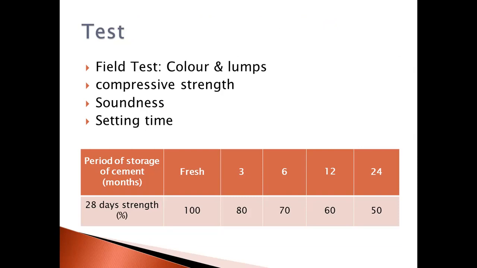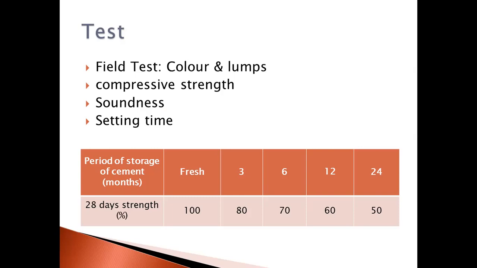And one of the important things we should check in cement is, see, when we buy a food product, what will be the first thing we look at? We look at the manufacturing date. In the same fashion, when we buy cement bags, we have to check the manufacturing date, because when the cement gets older, the strength of the cement decreases. For example, we compare it to the 28 days strength.